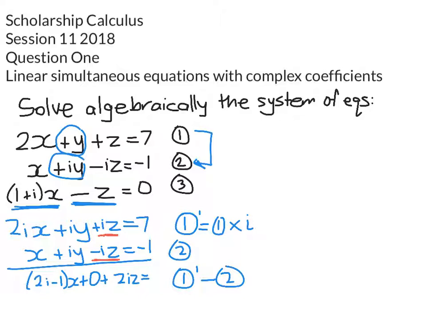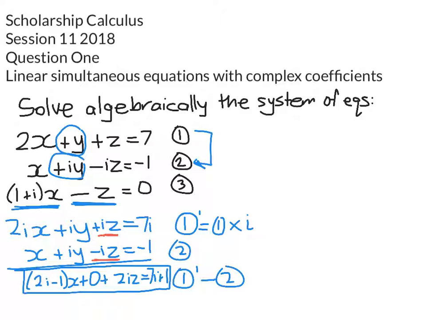Well, we've screwed up, haven't we? There should be a 7i there. Okay, so that's going to give me 7i plus 1. So this is my new equation where I've managed to eliminate y.